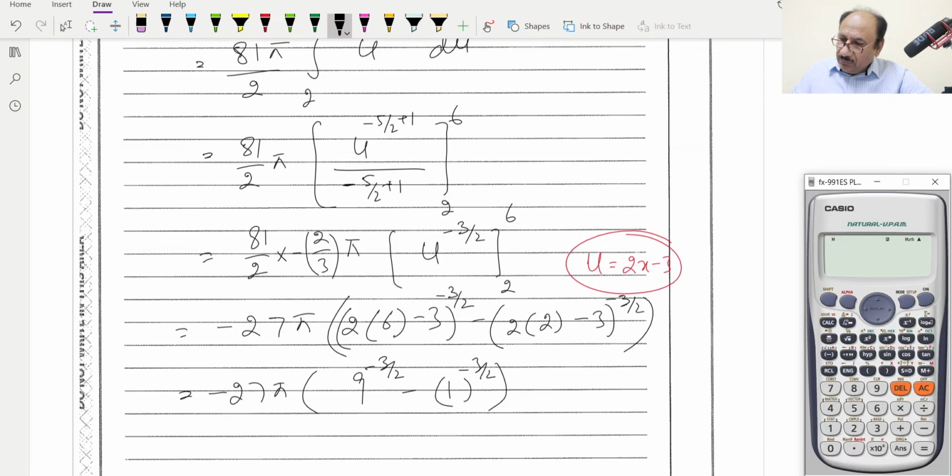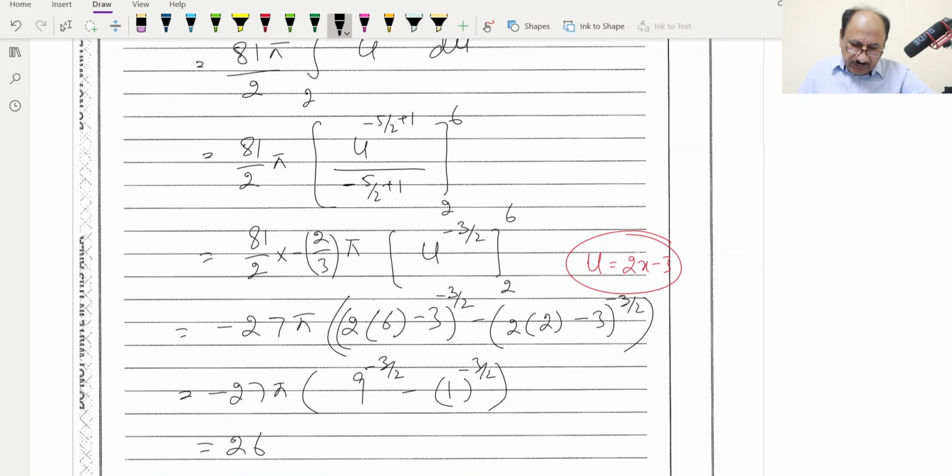So this will be minus 27, and inside the bracket will be 9 raised to the power minus 3 over 2, minus 1 raised to the power minus 3 over 2, and if we close the brackets, this will be 26, and this is equal to 26 pi. This will be our value which we found.